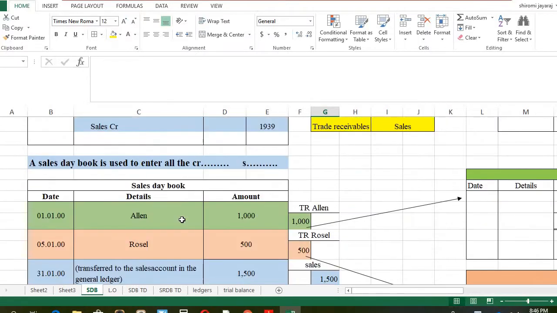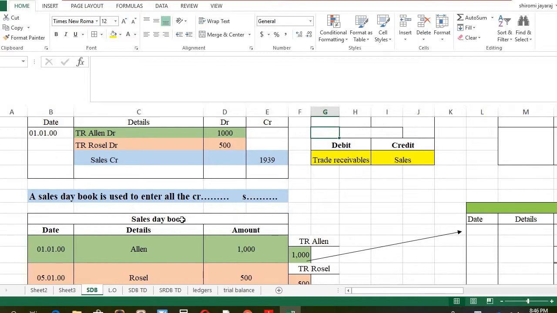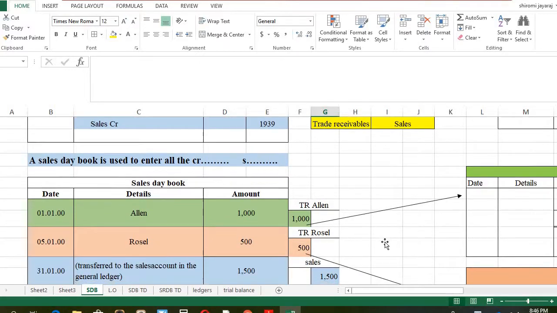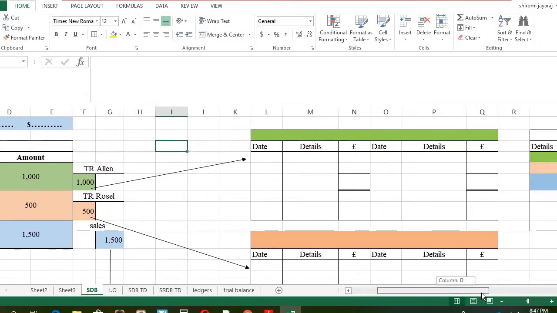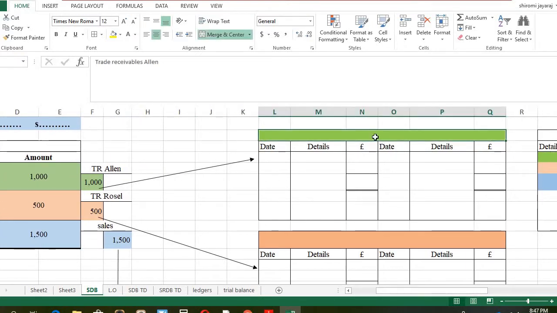We had posted the journal entries, followed by we prepared the sales day book, and there was an example of how it is transferred to the respective ledgers and on which side. Now let's show this impact in a format of a proper ledger.